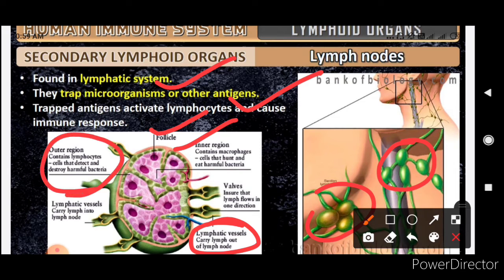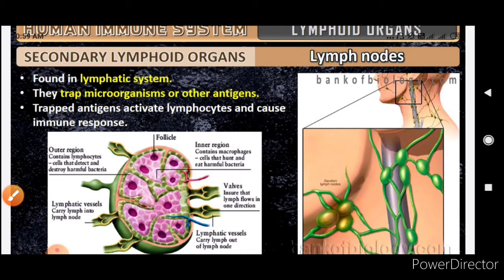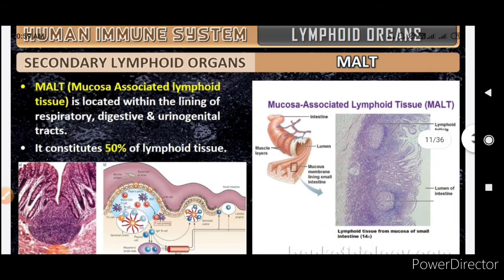This is the outer region that contains lymphocyte cells that detect and destroy harmful bacteria. The lymphatic vessels carry lymph into the lymph node. So lymph nodes are found in the lymphatic system, and they trap microorganisms or other antigens, and trapped antigens activate lymphocytes and cause the immune response.